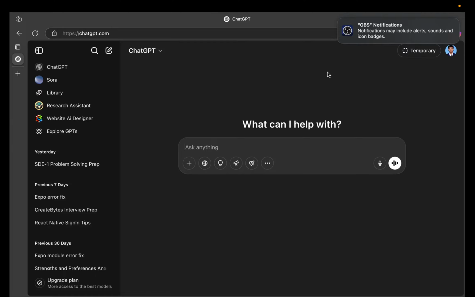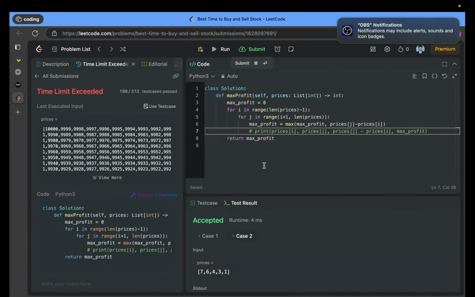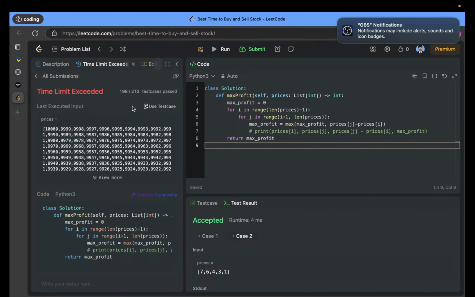Let's go with that. Okay, let's solve it. Still getting that same error.